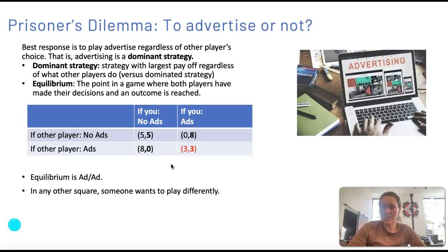But if you have to make decisions simultaneously, in all scenarios in a prisoner's dilemma, both you and your competitor will advertise. So both those prisoners are going to confess.